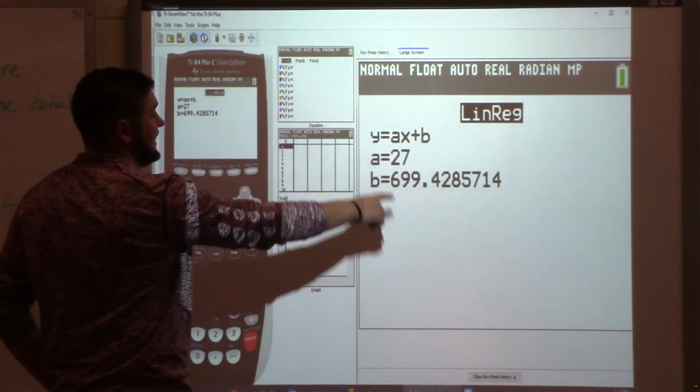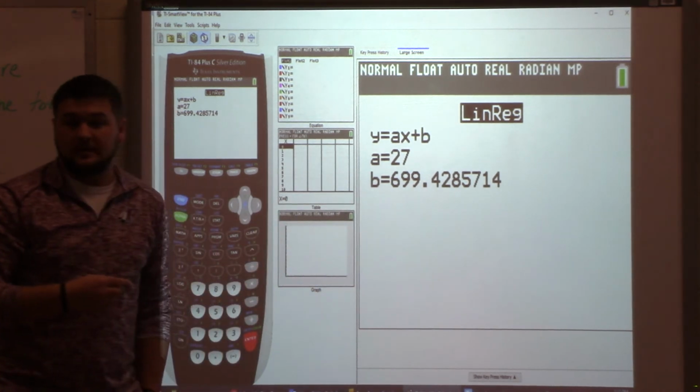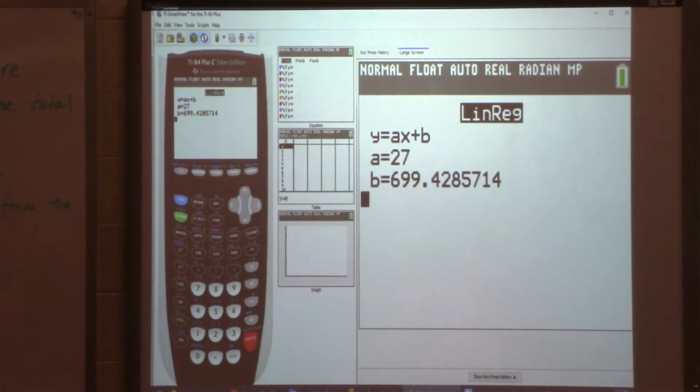You're going to notice it gives you an a and a b value. You're going to write those two things down. Right? I would write a equals 27, b equals, and let's round it to the hundredths, 699.43.